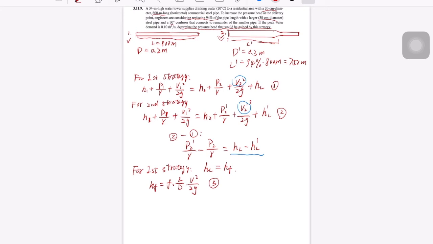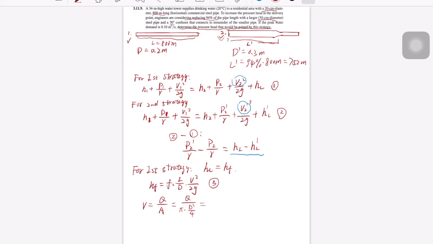We can calculate the velocity equals Q divided by A, use Q divided by pi D squared over 4.